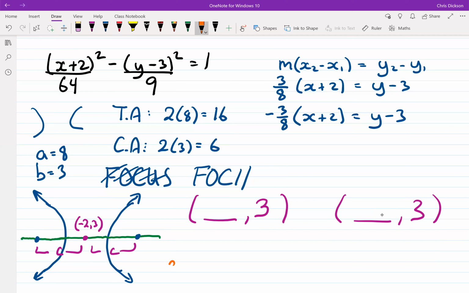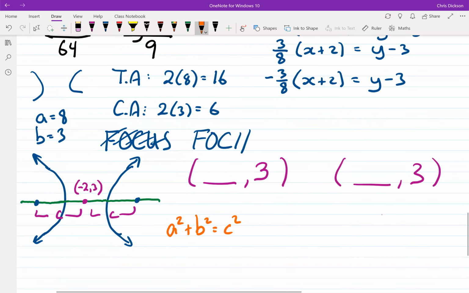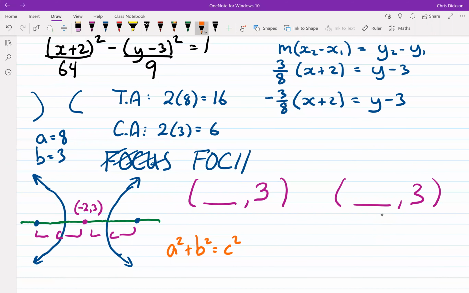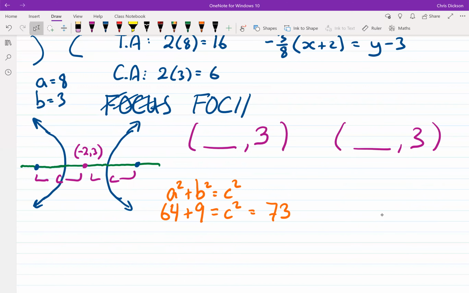So we know that a squared plus b squared equals c squared for the hyperbola, not for the ellipse, for the hyperbola. And what was my a squared value? Well, that was the number under the positive term, so that's 64. And my b squared value was under the y term, so that's 9. So I know that c squared would be 64 plus 9, which is 73, which is kind of an unfortunate number, but still works.